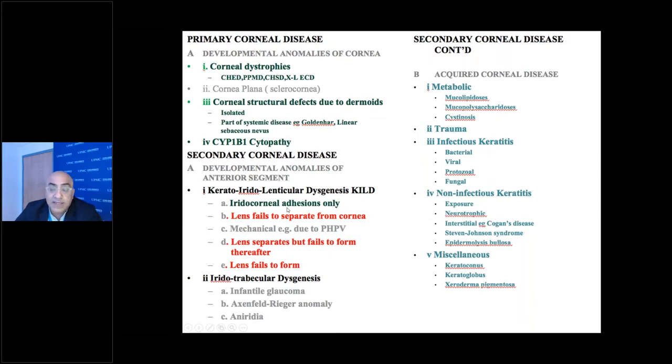That means when the iris, the colored part of the eye, is stuck to the cornea. And what we know is that the prognosis for corneal transplant surgery is relatively good in these situations. But you'll see that in this group, there are some red ones as well, and they do poorly.